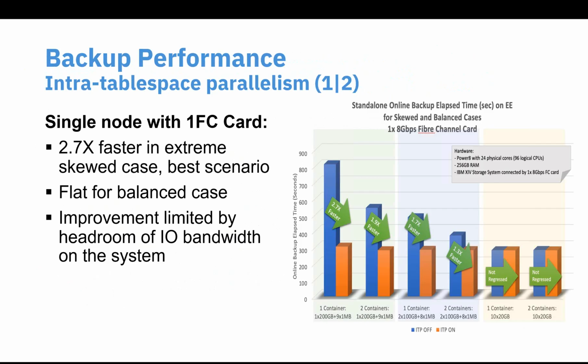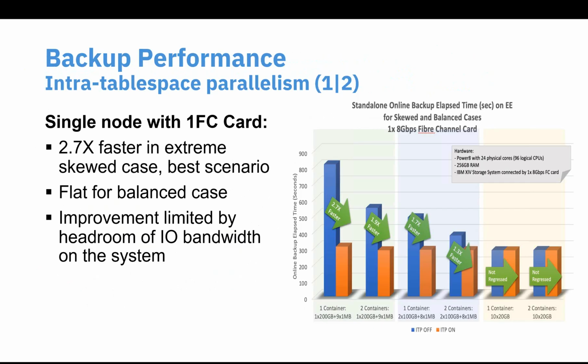So backup performance. Inter-tablespace parallelism is on by default. And this chart is really just to show that if you have I/O available, so one of the key things to benefit from this work is that you need to have CPU obviously available, but you also have to have I/O bandwidth both on the database itself where we're reading from, but also have I/O space available on the backup target, so that those aren't the bottlenecks.